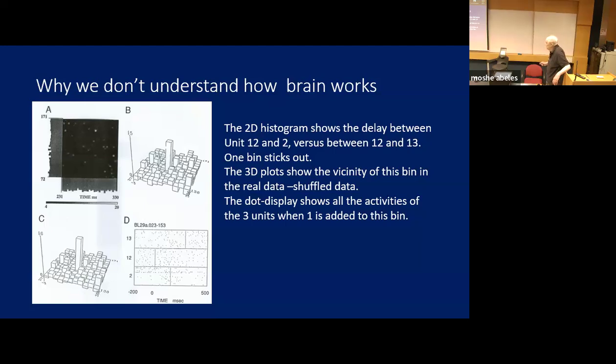So this is the counts minus the shuffle, and you see this peak is standing way above the background. If you look at what's in it, you can see that counts in this bin happen when unit 12 fired, and 11 milliseconds later, unit 2 fired, and something like 400 milliseconds later, unit 13 fired. So there's a combination of 3 firing events that occurs much more than expected by chance.